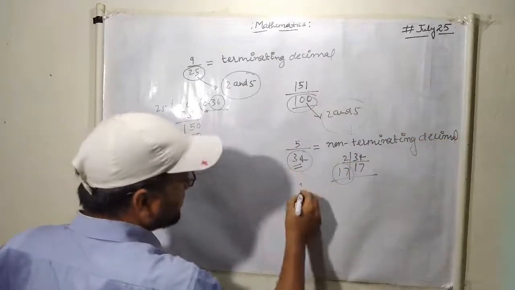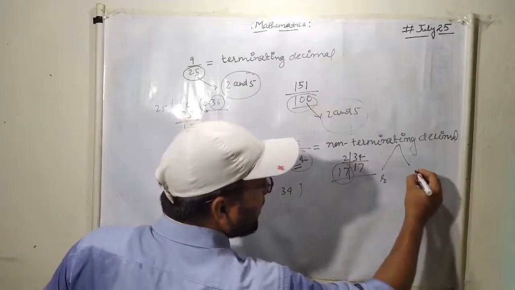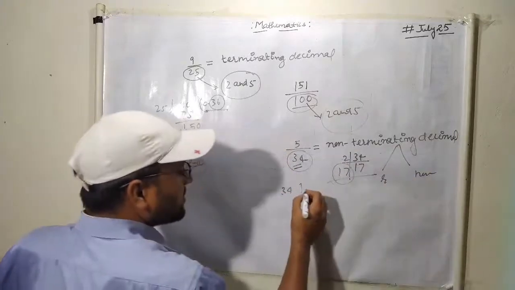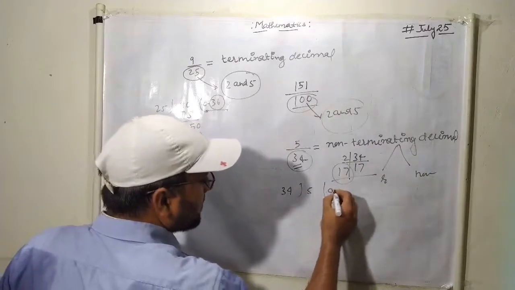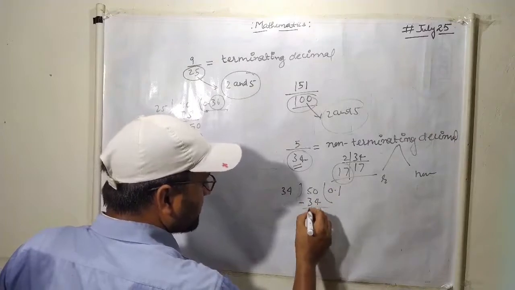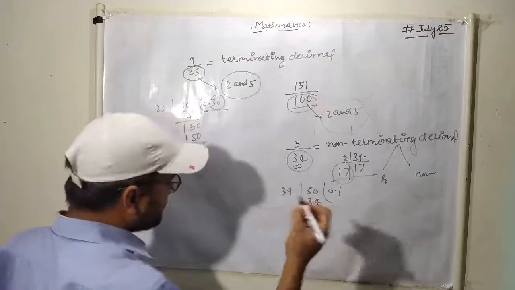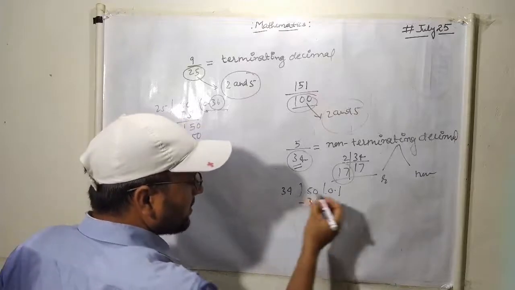See this one. Suppose I am going to divide this one, and in non-terminating there are two parts, recurring and non-recurring. So 50, 1 times 34, 16, 160. Because there is a decimal, you can add a 0 in every step.